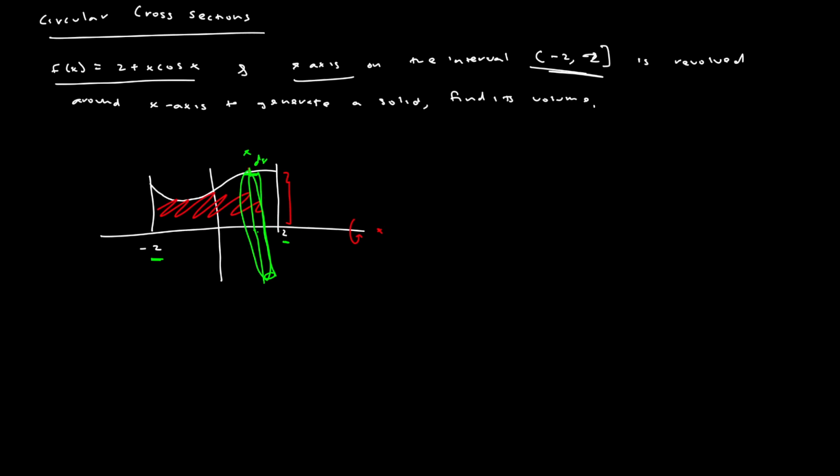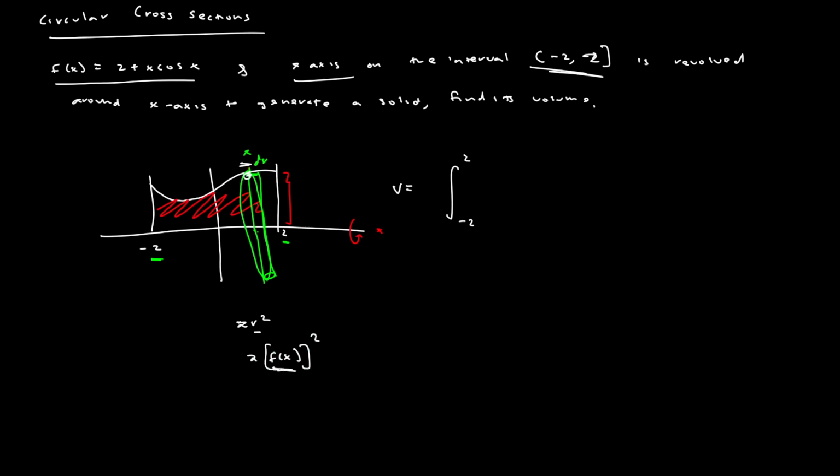And since my cross-sections are circular because I'm revolving the function across the x-axis, the volume is given by the integral from -2 to 2 of the area of the circle. And the area of a circle is just pi r squared.